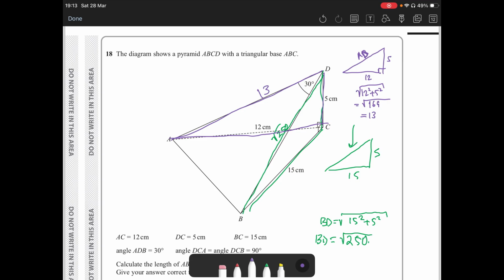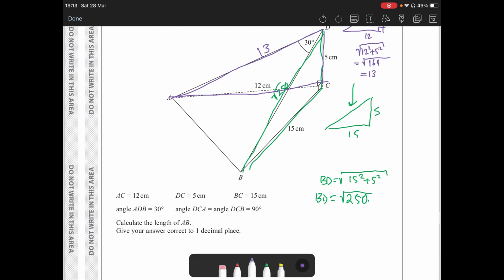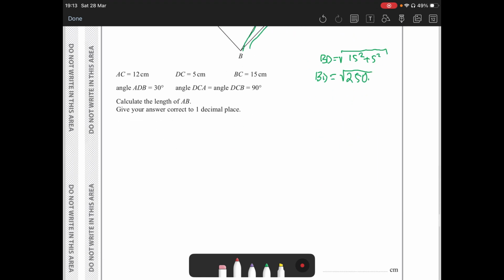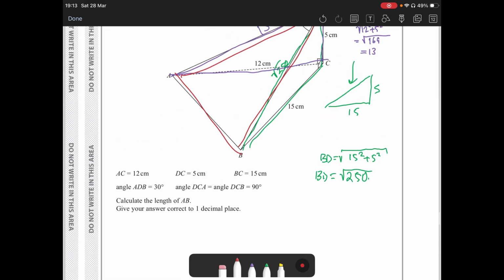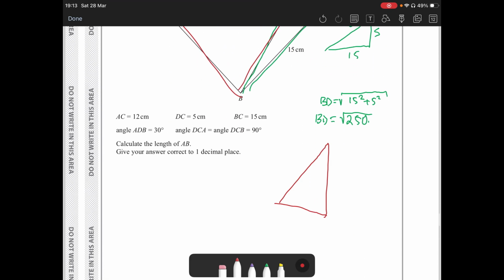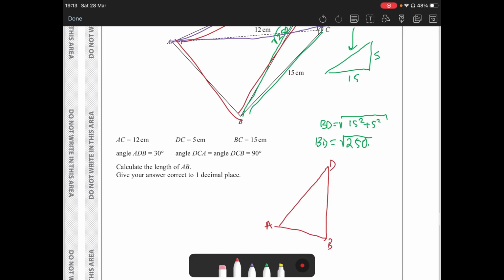So, right, we've got this triangle now, and what do we know about it? The three sides of that triangle I've just highlighted are A, D and B. We know BD from our first step would be root 250.